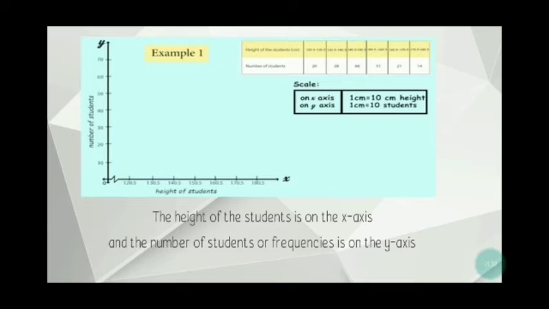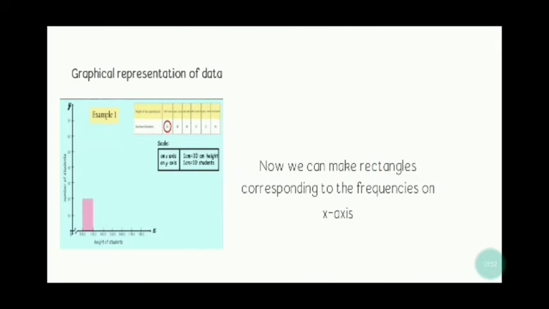So these are the steps to make a histogram. First, let's have the height of students on the x-axis and the number of students or frequencies on the y-axis. Now, we can make rectangles corresponding to the frequencies on the x-axis, and we make sure that the class width is kept constant.